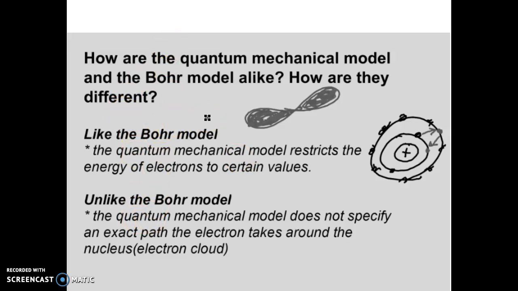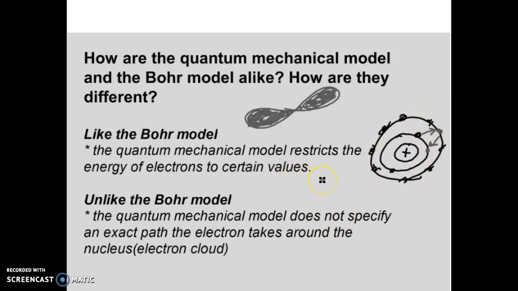So how are the Bohr model and the quantum mechanical model the same? The quantum mechanical model restricts the energy of electrons to certain values. And the Bohr model and the quantum mechanical model both say there are energy levels. There's a lower energy level, then the next highest energy level, and so on.